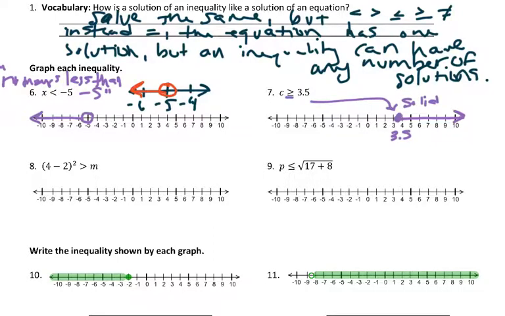Alright, looking at the next one, this is just a fancy way of getting to a value. So 4 minus 2 is 2, and 2 squared is 4. So really this is just trying to say 4 is greater than m. And so if we go to 4, we need an open circle because it is a greater than symbol without any equal to part. And then we can't use that arrow method on this one because the variable is on the right.